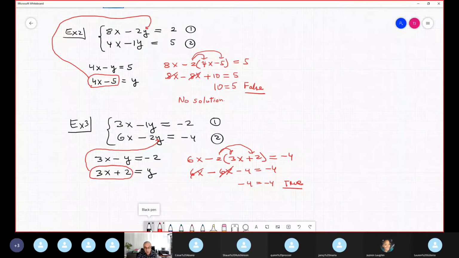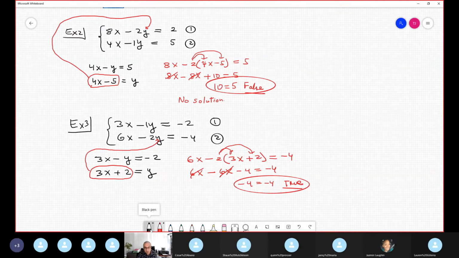Look at the differences between this idea and this idea. It's a completely different interpretation. In this case, we have infinitely many solutions. Infinitely many solutions. Let me try to explain this idea more clearly. And what is the interpretation of this? Look.